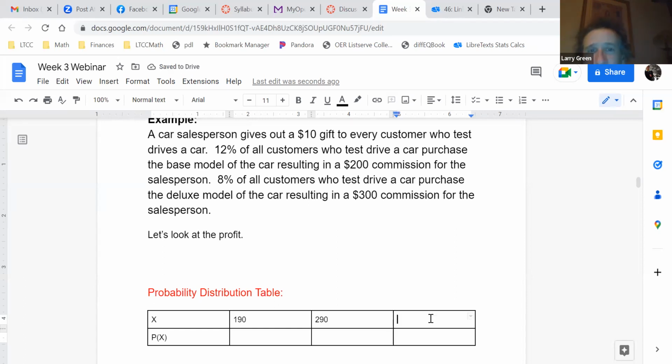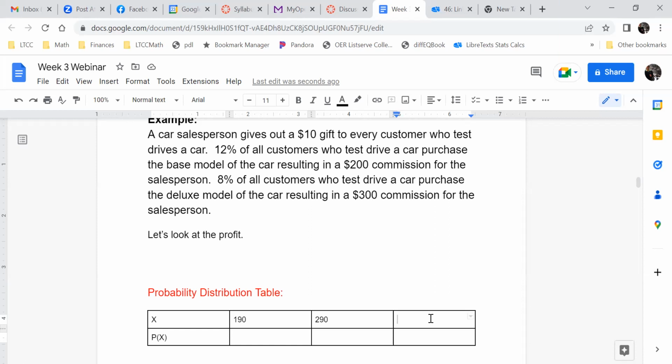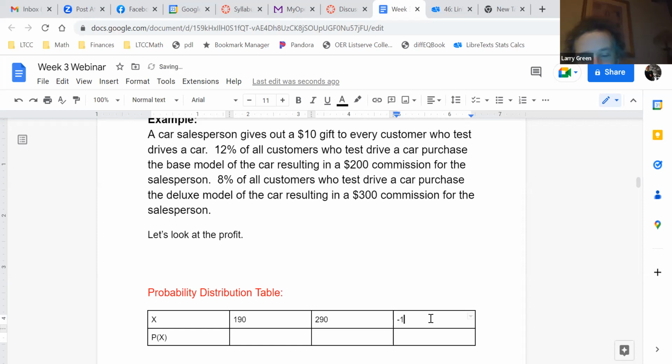What's the profit if the customer just walks away? Not 0. What's the revenue minus the cost? Negative 10. It's 0 minus 10. Do you see how that works? So it's negative 10. Any questions on that?